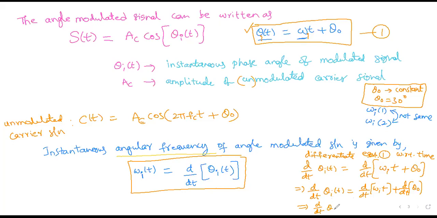What is the differentiation of omega I into t? It's omega I. Plus, what is d by dt of theta naught? As I said previously, theta naught is a constant, and its differentiation with respect to time gives 0. So I can ignore this 0, and you can see that omega I is nothing but d by dt of theta I of t, as we have written here. Okay, is that fine?